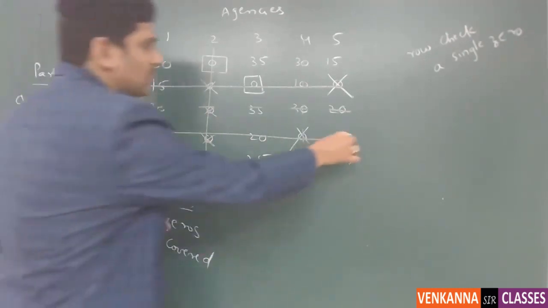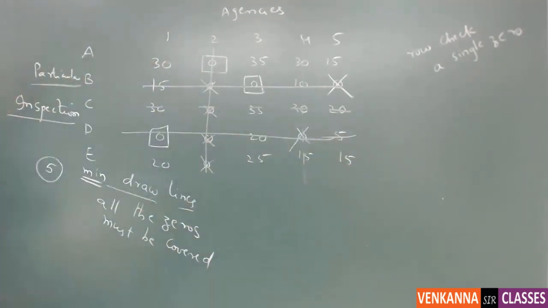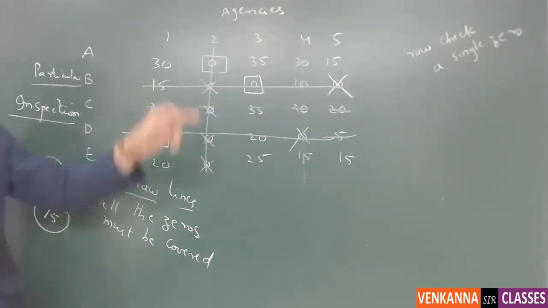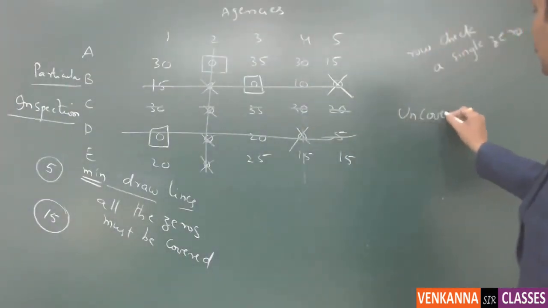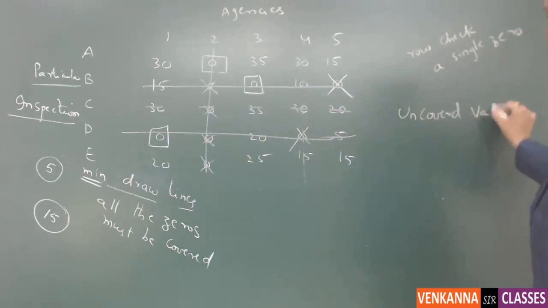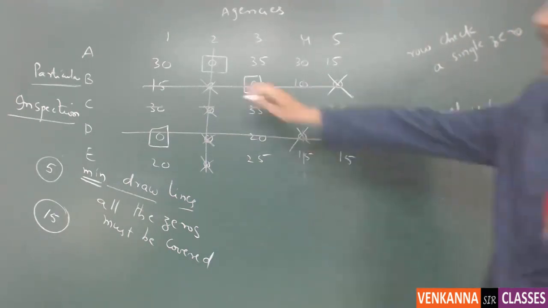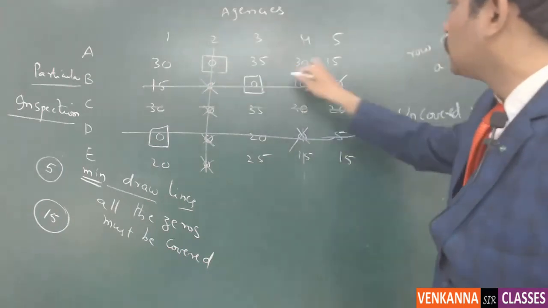This is also crossed, right? This 5 is also crossed. I think the smallest value will be 15. Right. So this smallest value 15 will be subtracted from the uncovered values. So these are the uncovered values.